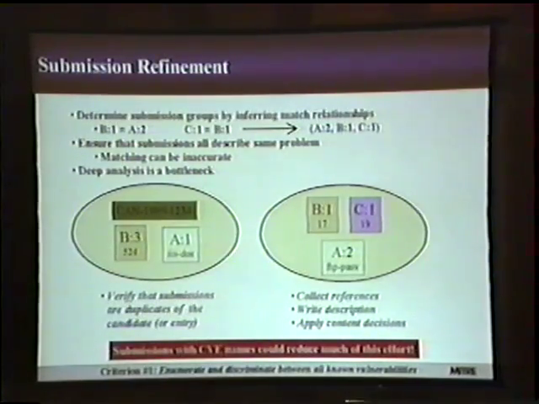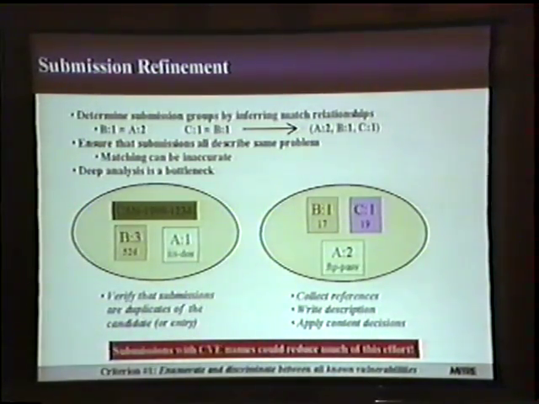One submission might have one reference, another submission might have a different set of references, one might describe the problem a little bit better than another one. We've got a lot of different data points there to work with. And in addition, there might be some very similar vulnerabilities in very similar, if not the same versions of software, and we at least have all of that information together collected into a single place.